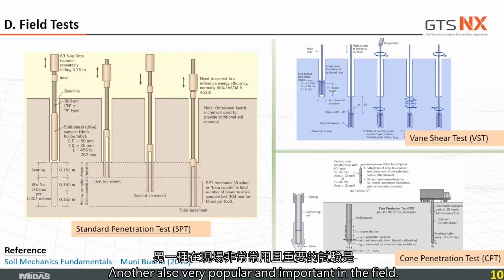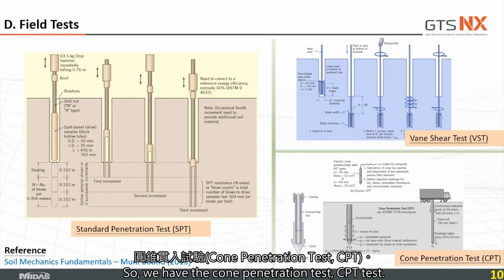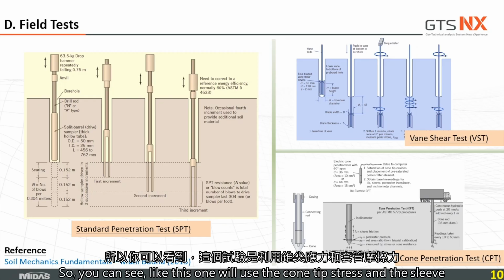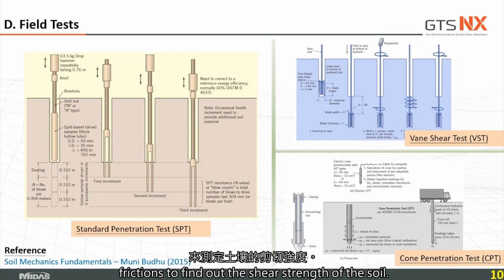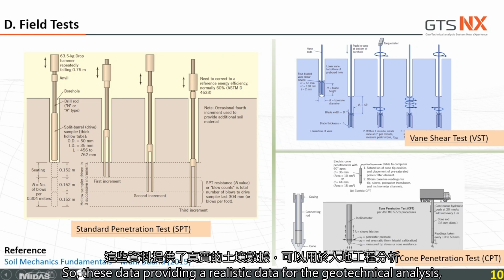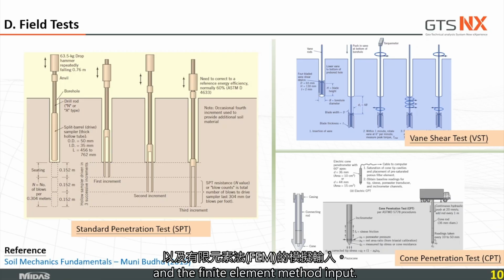Another also very popular and important test in the field is the cone penetration test, the CPT test. This one uses the cone tip stress and the sleeve friction to find the shear strength of the soil. These data provide realistic data for the geotechnical analysis and the finite element method input.